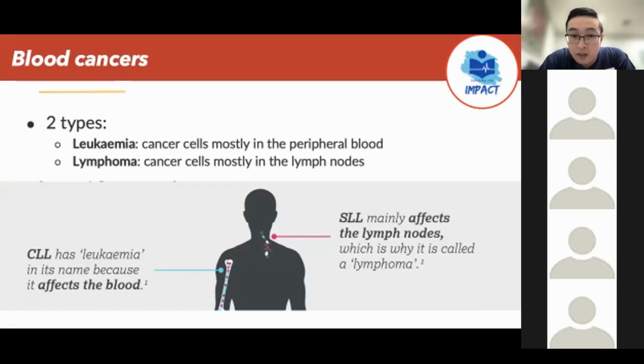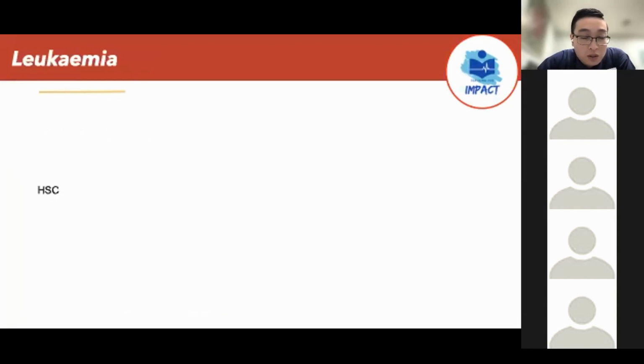When most of the cancer burden is in the peripheral blood, we call it a leukemia, chronic lymphocytic leukemia. When most of the cancer burden is in the lymph nodes, we call it a lymphoma, small lymphocytic lymphoma. So I'll first spend some time talking about how I think about leukemias, and then I'll move on to talk about lymphomas.